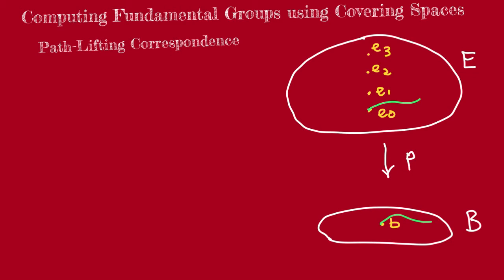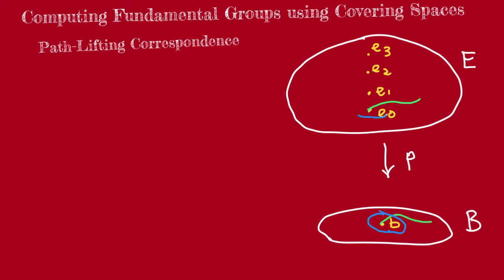So why is that? Here we want to recall the definition of covering space. Using that, we're going to lift this path segment by segment, a tiny bit at a time. The idea is, remember that for this map to be a covering map, B needs to be evenly covered by the space E. So in particular, this little b here has to have a neighborhood that is evenly covered by these maps.